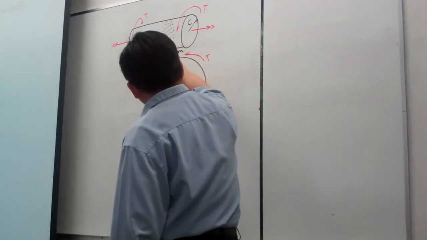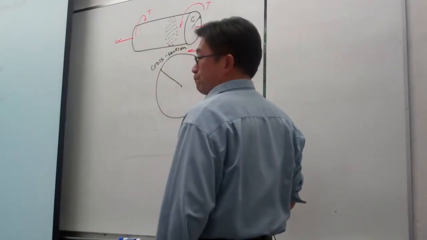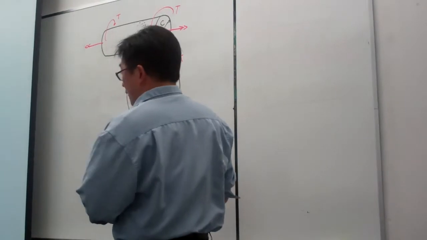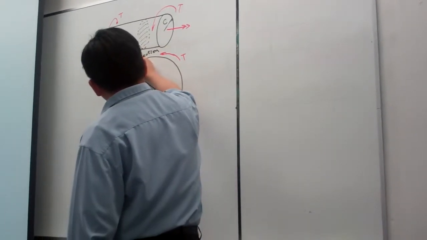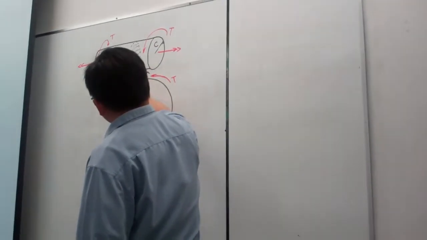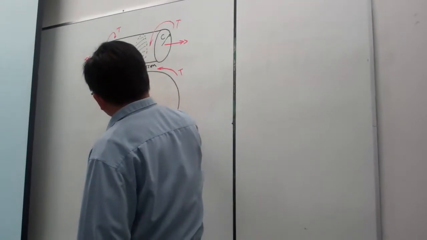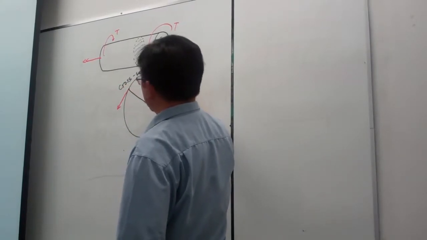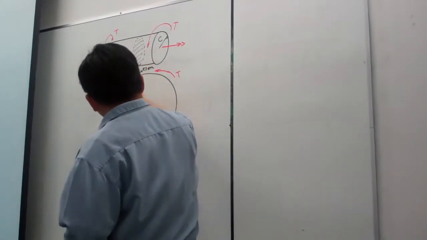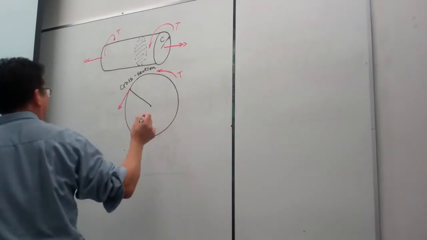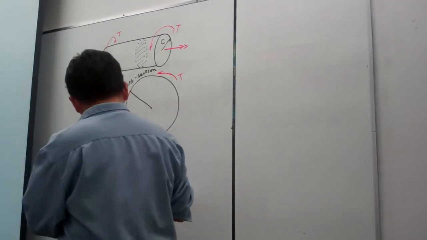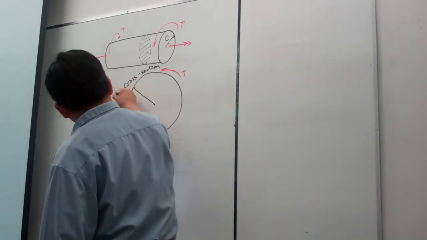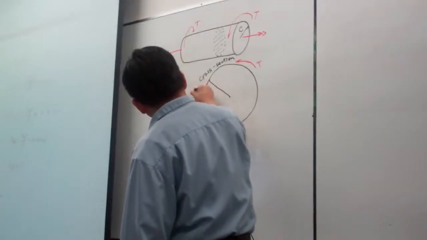For example, take this radial segment. The stress distribution is tangent to the point, in the same circulation as T, and the magnitude is tau equal to Tc over J.